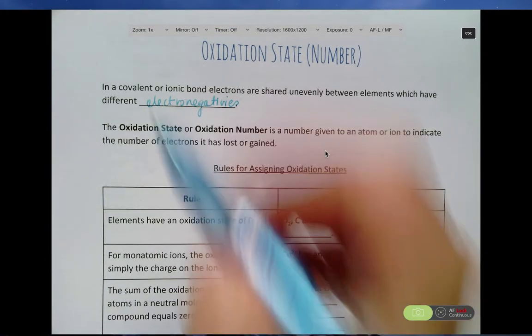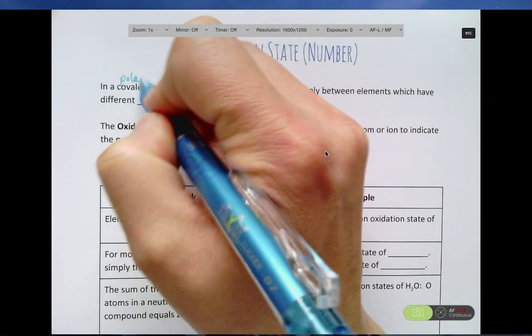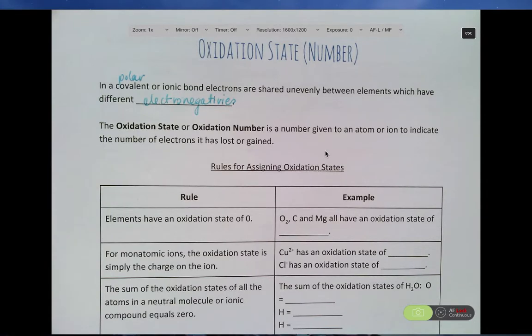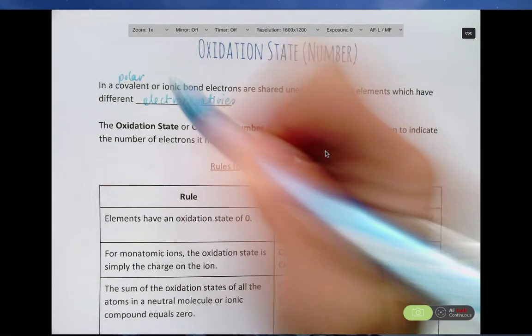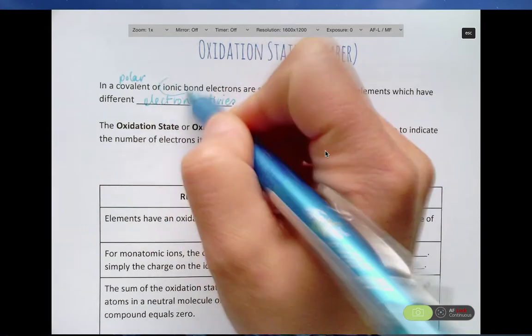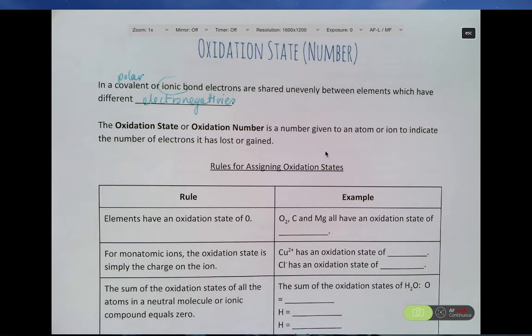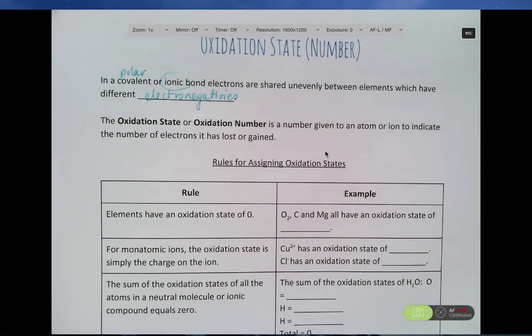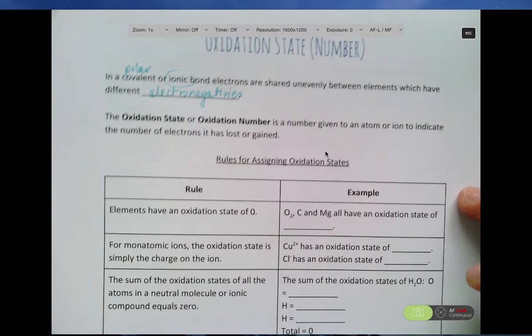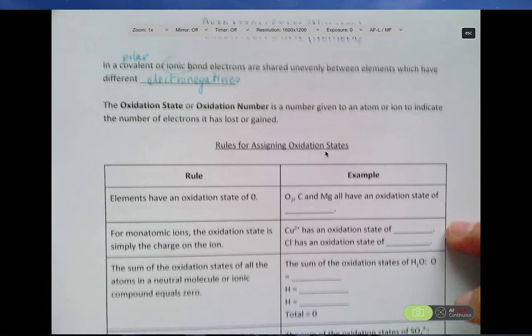You can either have polar covalent substances, where the electrons are shared unevenly between two substances that are still sharing electrons, or ionic bonds, where there is a total transfer of electrons from one substance to another. So that's our knowledge to help us understand oxidation states.